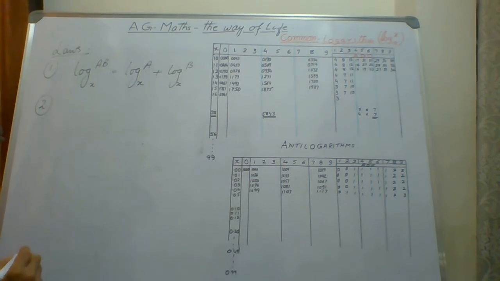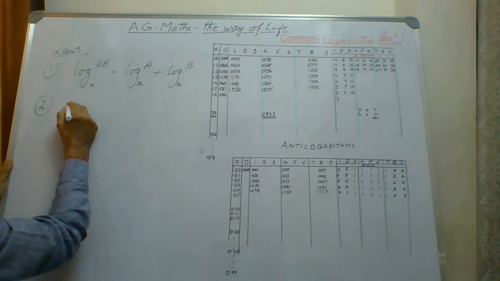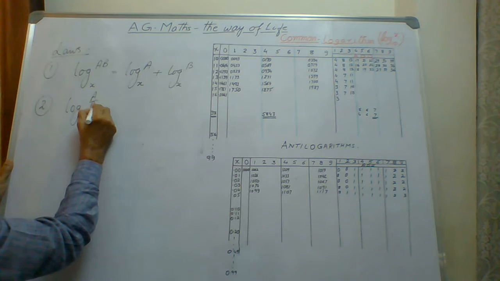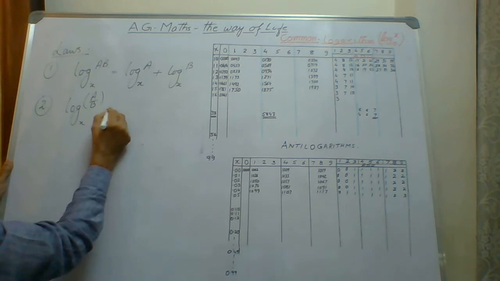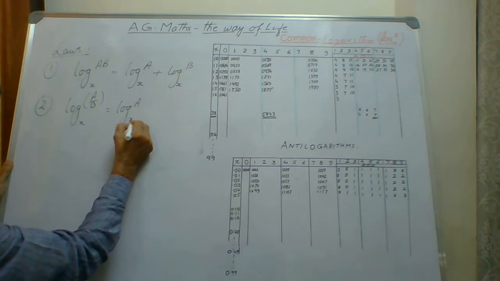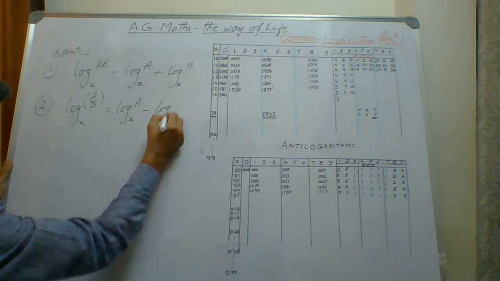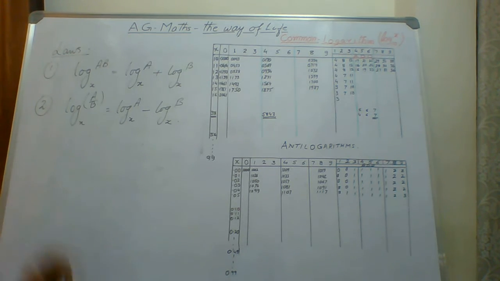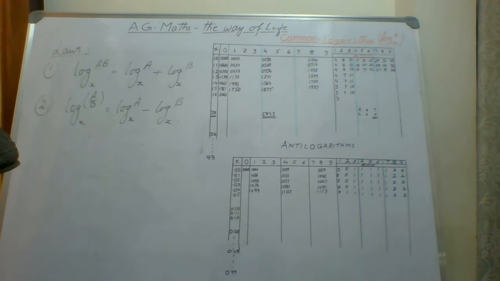Similarly, log of a by b, when it is a quotient law, a is divided by b and base is x, then it gets subtracted. Log of a base x minus log of b base x. X can be anything, maybe 10, 5, e, natural log something.